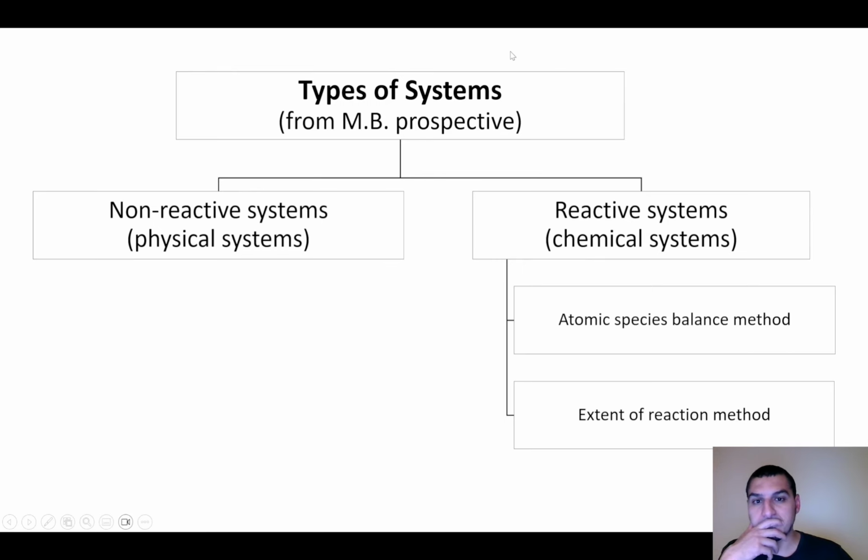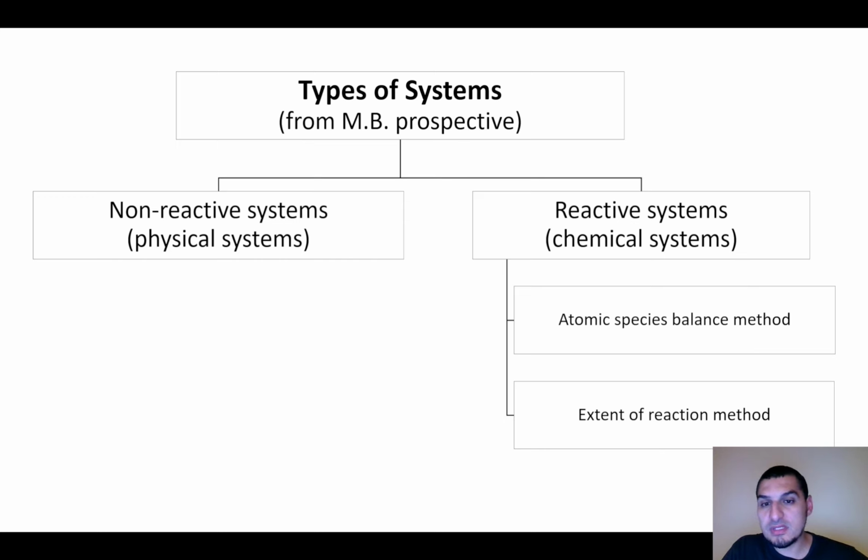So if we are looking at the systems that we deal with from the mass balance perspective, they can be either reactive systems or non-reactive systems. For the non-reactive systems, which are the physical systems that we covered before in the first part of this chapter, before we start discussing the reactions and all these details about the reactions.